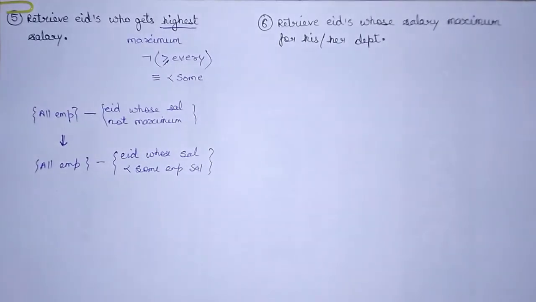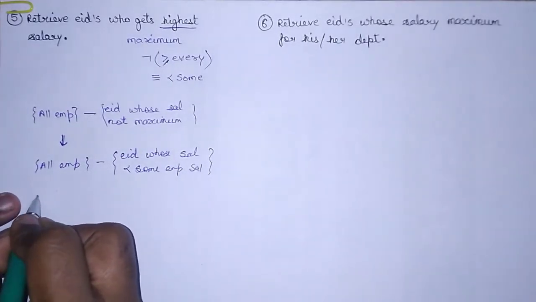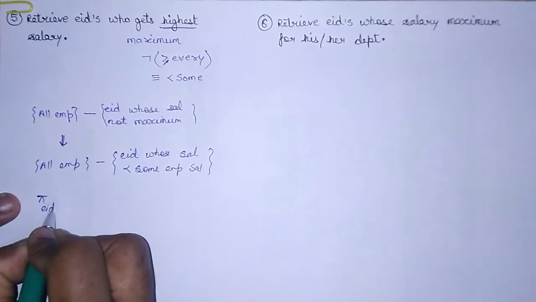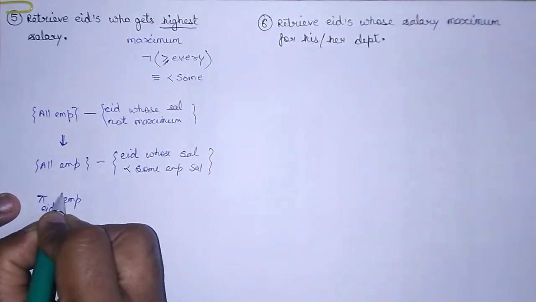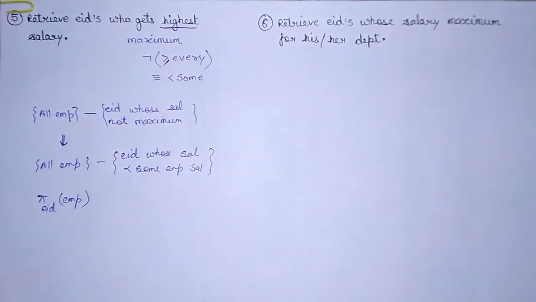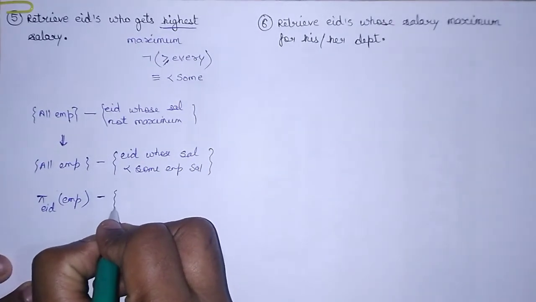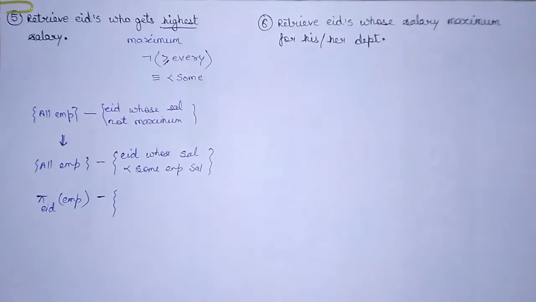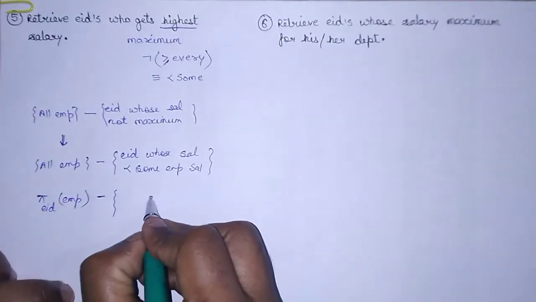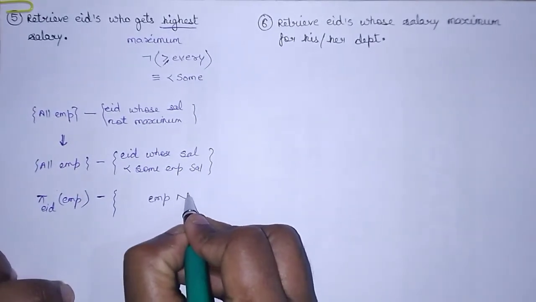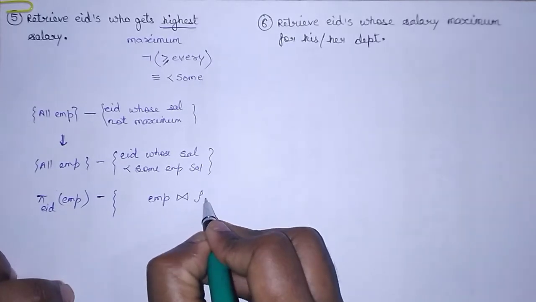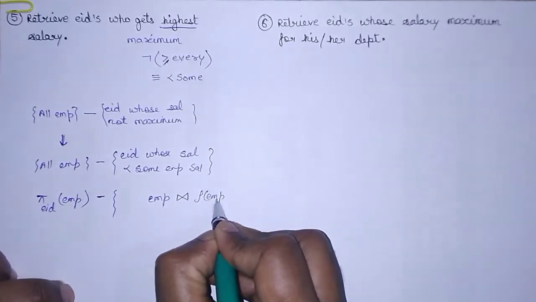Now similarly we can answer this. So we have to retrieve the employee ID from this particular employee table first. So here we will be having all the employee IDs. Next, how to write out this particular query? We have to relate it like the previous one, that is rename employee.